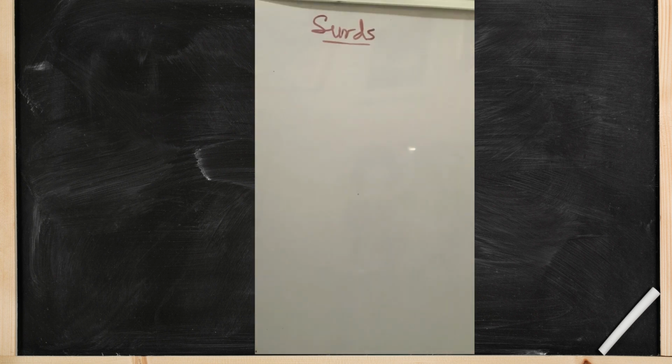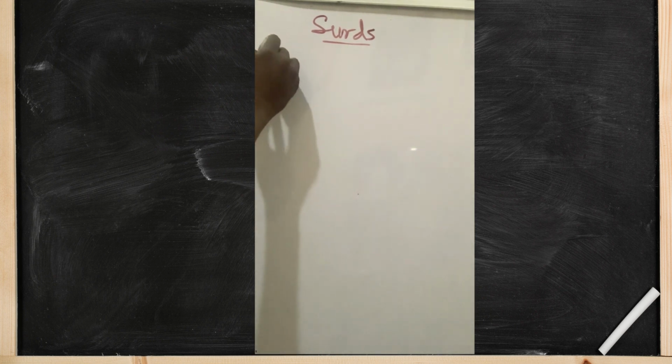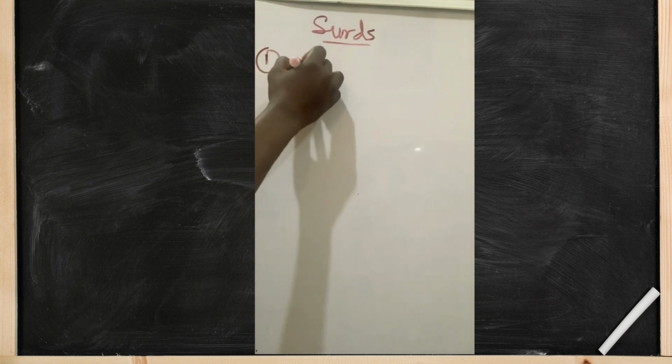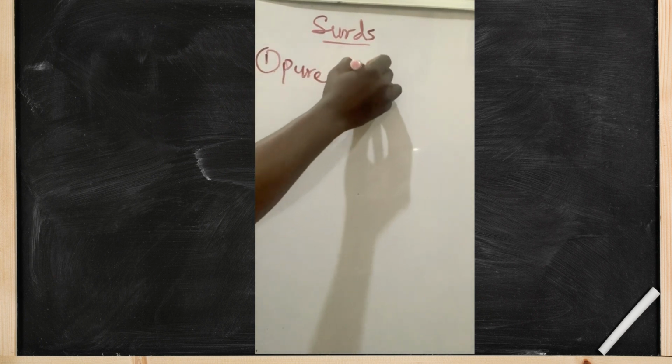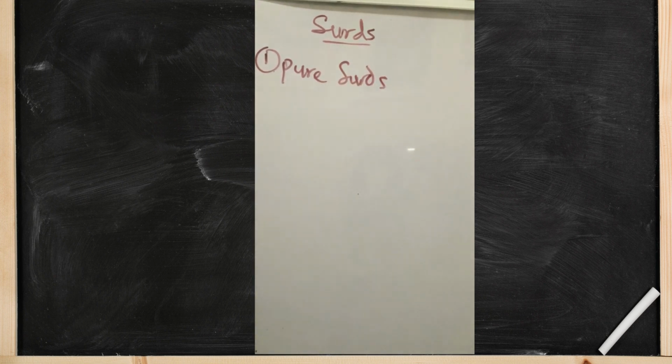I'll quickly give an itemization of the fact that even though a surd can be represented in an exponential format, surds are differentiated into 3 different types. The types of surd, number 1, pure surds.